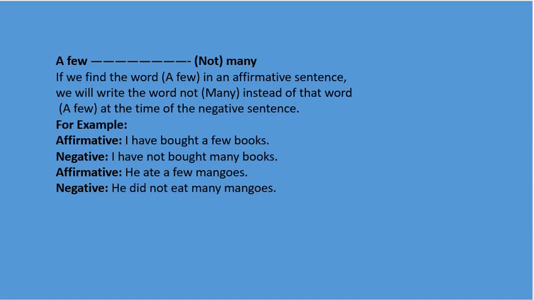A few, not many. If we find the word "a few" in an affirmative sentence, we will write the word "not many" instead of the word "a few" at the time of the negative sentence.